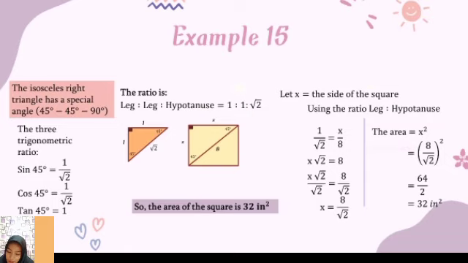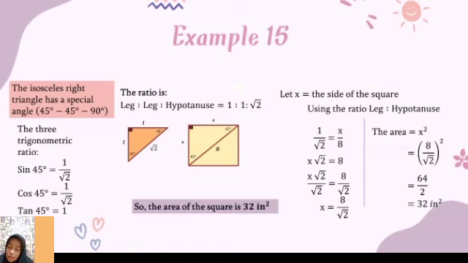And we divide both sides by square root of 2. So x square root of 2 over square root of 2 equals 8 over square root of 2, so the value of x equals 8 over square root of 2.